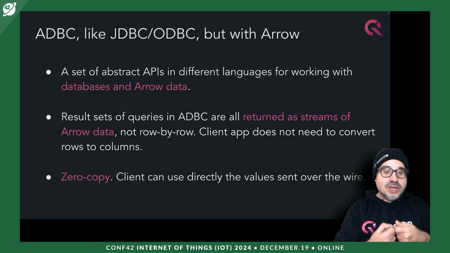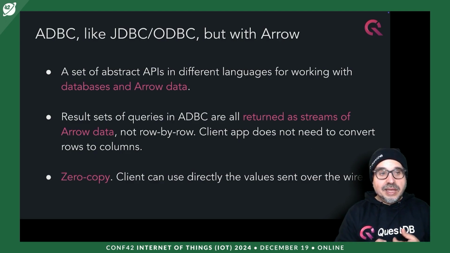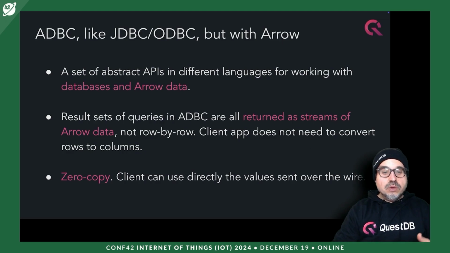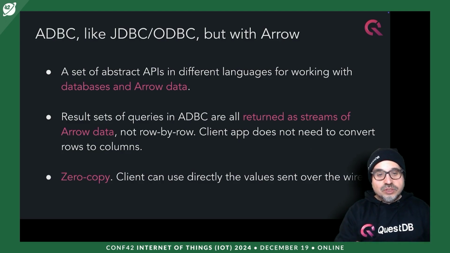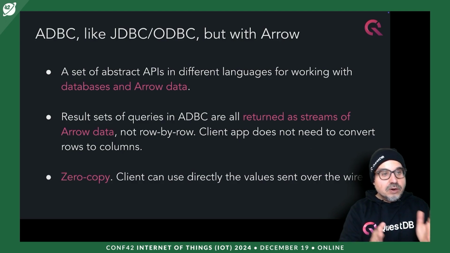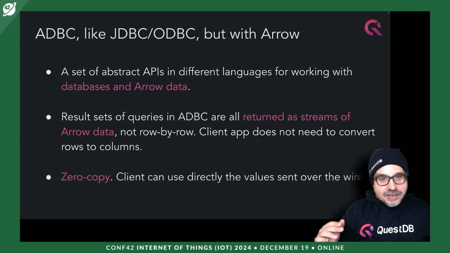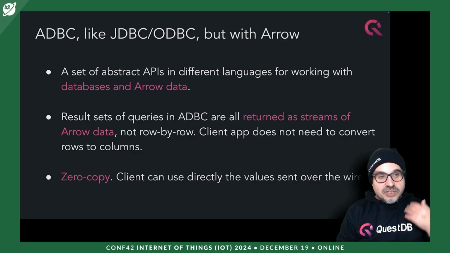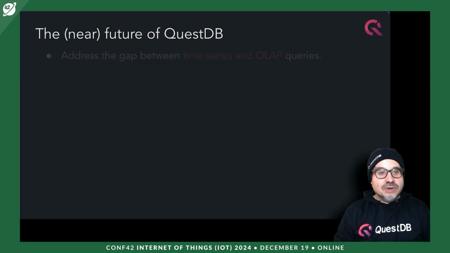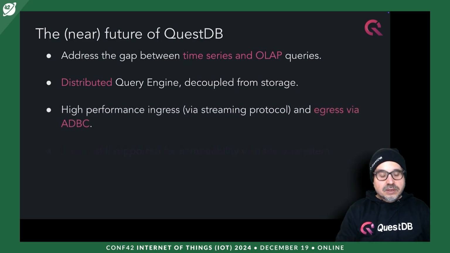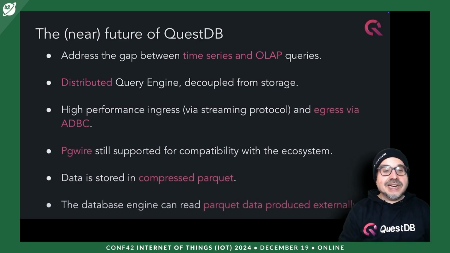So basically, if you have a library that can speak ADBC, you can connect to my database, you can connect to QuestDB, using the ADBC protocol, and when you query the data, you are going to be getting the rows directly in the columnar Arrow format, so the client application doesn't need to do any conversions, and you have zero copy memory operations, making the whole process very efficient. What this means is that now you can stream data out of your database as fast as you can stream data into your database.